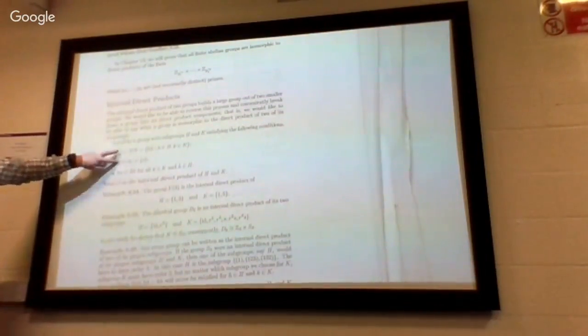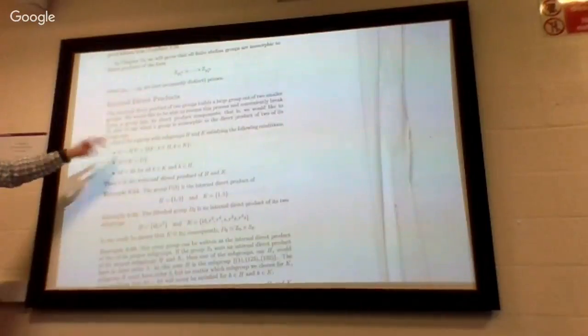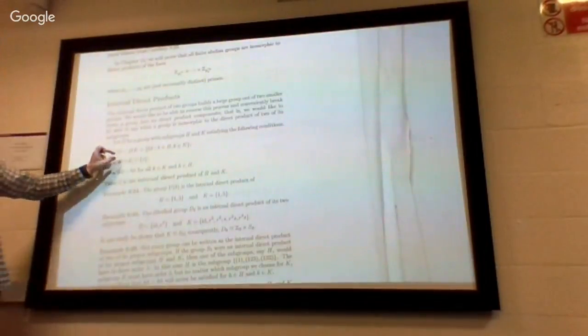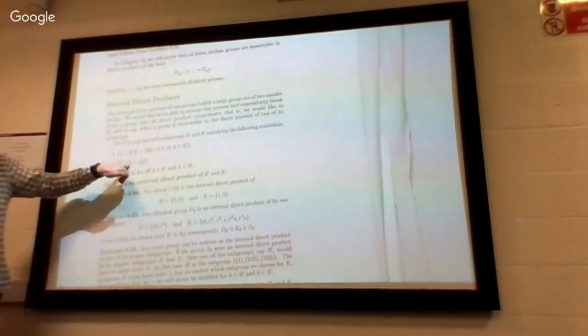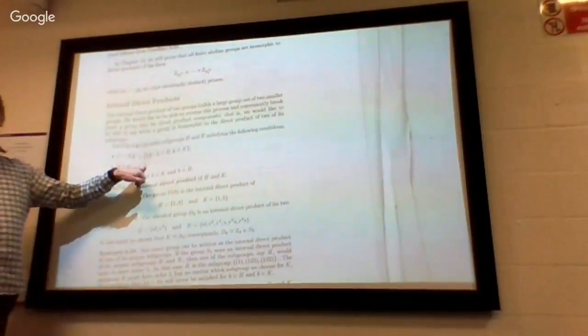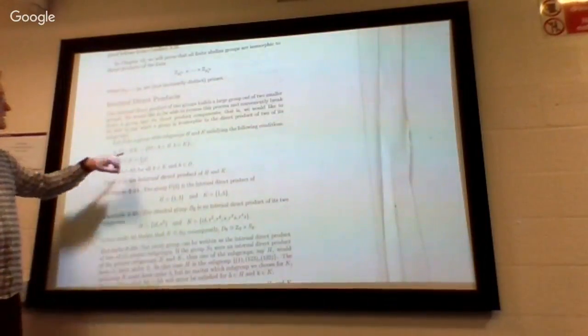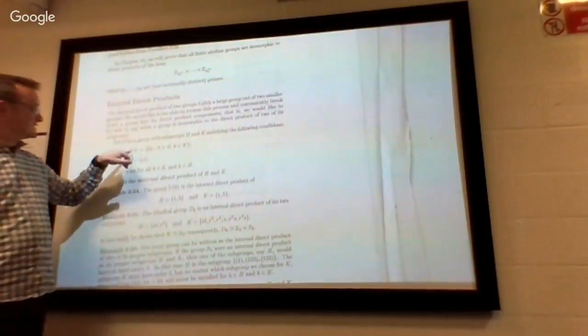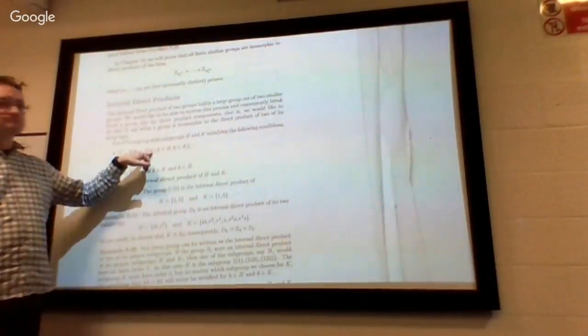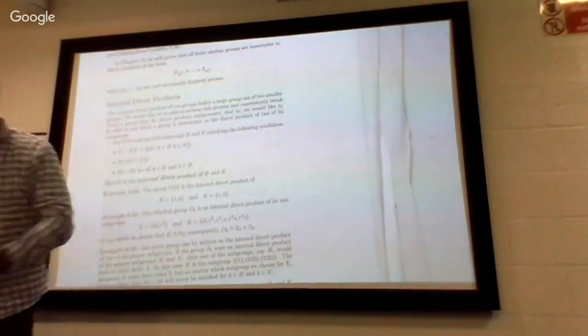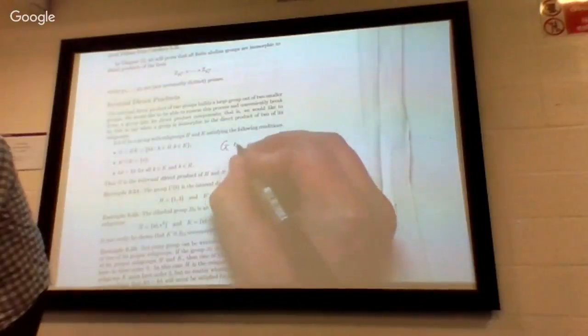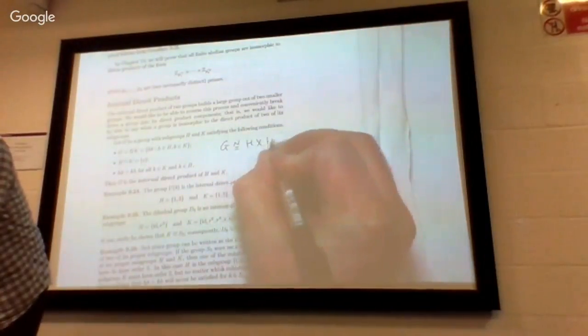So really, to establish an internal direct product, you have to prove that the different bits have trivial intersection and that the whole group is the setwise product. Then we will know that G is isomorphic to the direct product of those two.